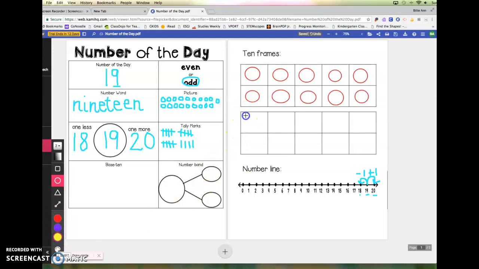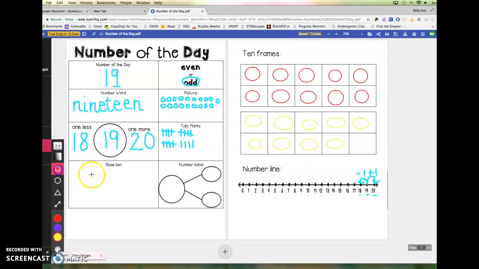And we would, if we could easily, start with 10 and then count on, right? 11, 12, 13, 14, 15, 16, 17, 18, 19. So that is 10 and 9 more.